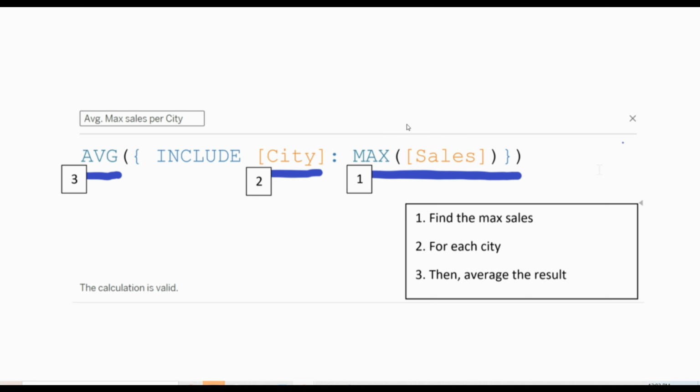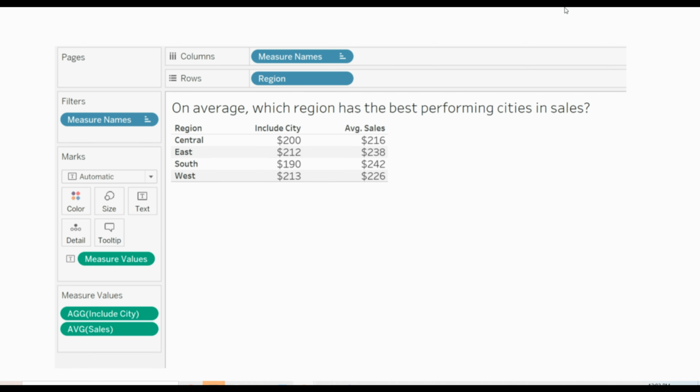Maximum sales will be evaluated first. For each city the maximum sale will be evaluated, and for that the average value will be given as an output.